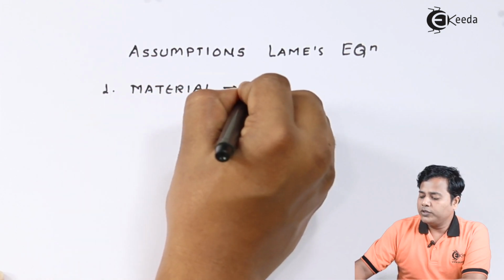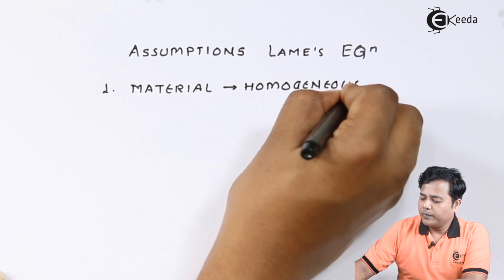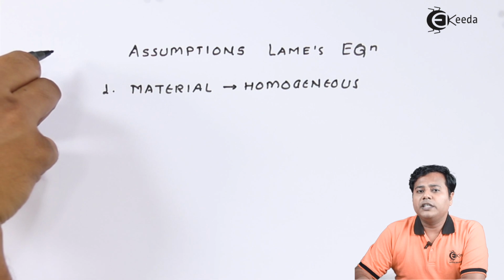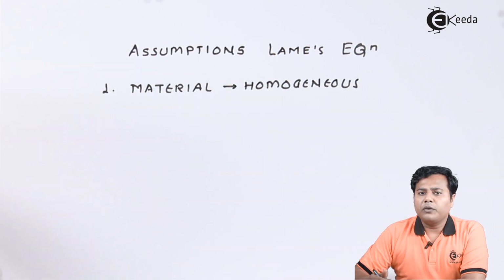When I say material homogeneous, it means all its mechanical properties, right from elasticity, plasticity, etc., should be unique or same across all the directions. This particular consideration gives us the benefit of considering the whole body similarly or equally.